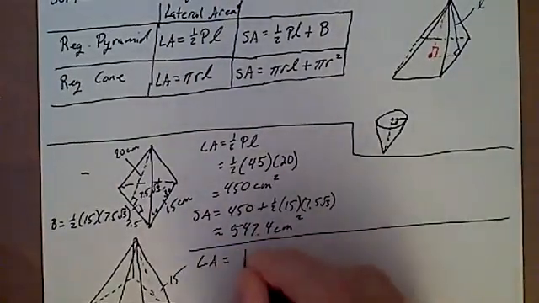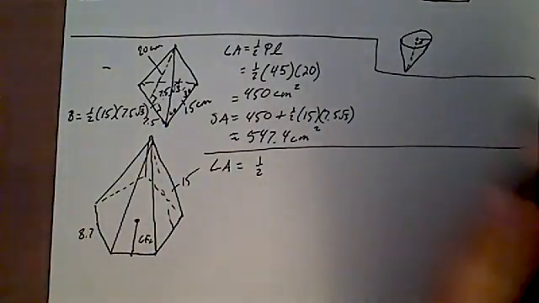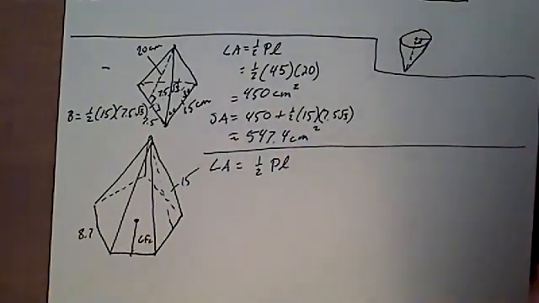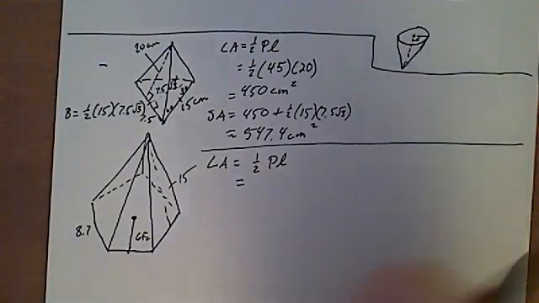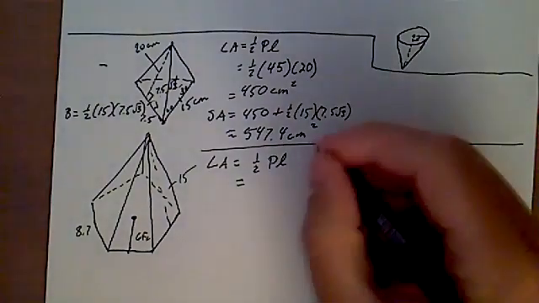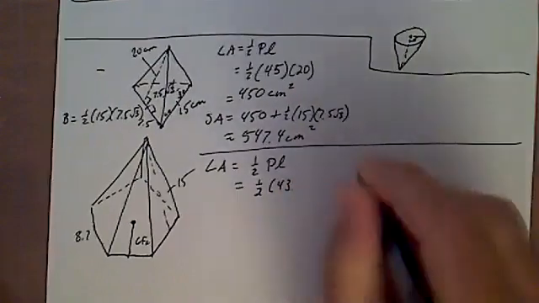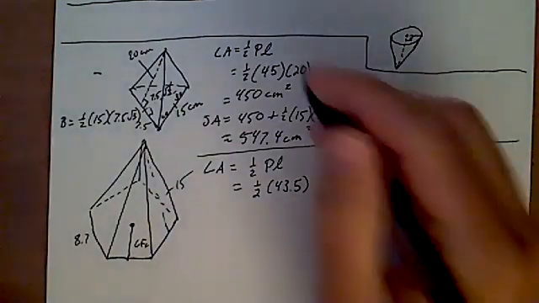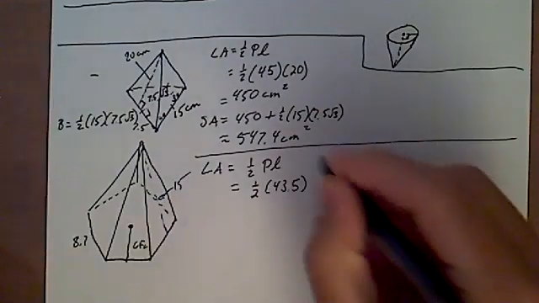So our lateral area, oh, sorry about that. Pause if you didn't get it before. Lateral area is 1/2 the perimeter times the slant height. Perimeter is 5 times 8.7, which is 43.5. And our slant height is 15.